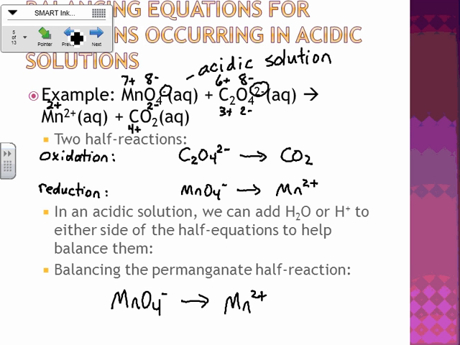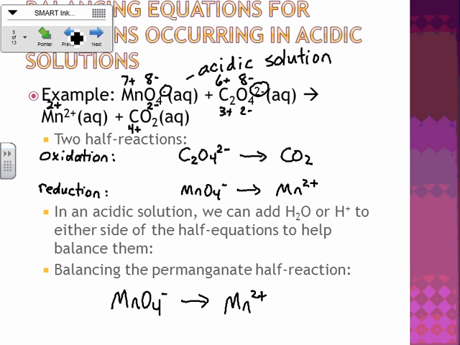We don't have any oxygen on the right side of that equation, right? It's not the H plus that's going to help us there. What else do we have available to us in that solution? H2O, that has oxygen in it. So the water is actually going to participate in this chemical reaction.